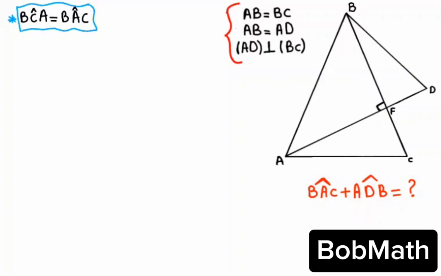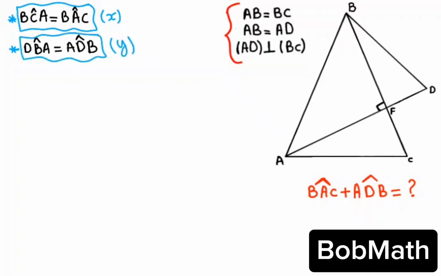We call this quantity X. We also have AB equals AD, so triangle ADB is isosceles at point A. Then angle DBA equals angle ADB, and we call this quantity Y.